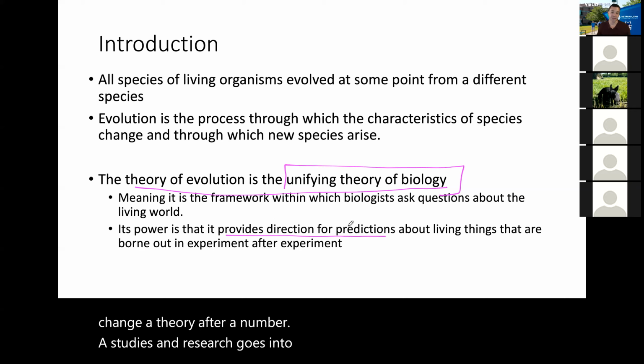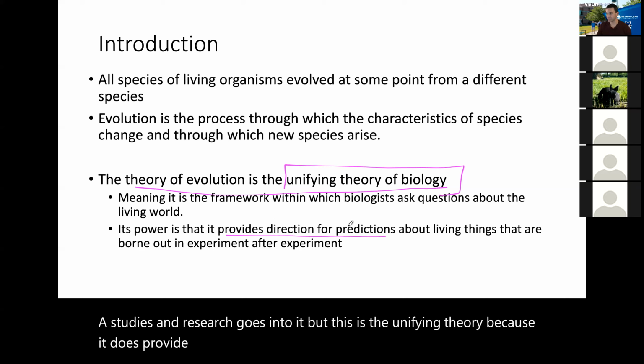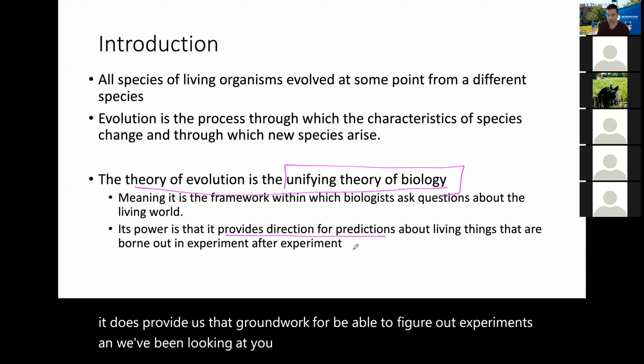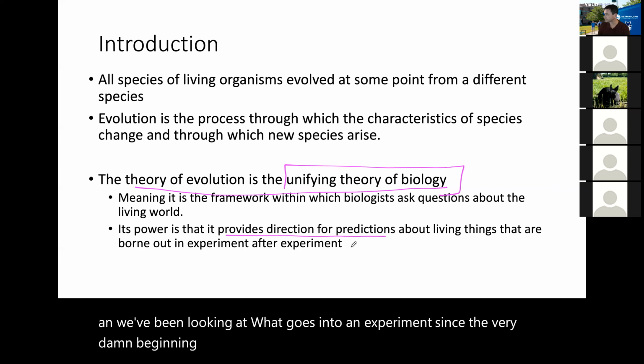But this is the unifying theory because it does provide us that groundwork for being able to figure out experiments. And we've been looking at what goes into an experiment since the very beginning of the semester.